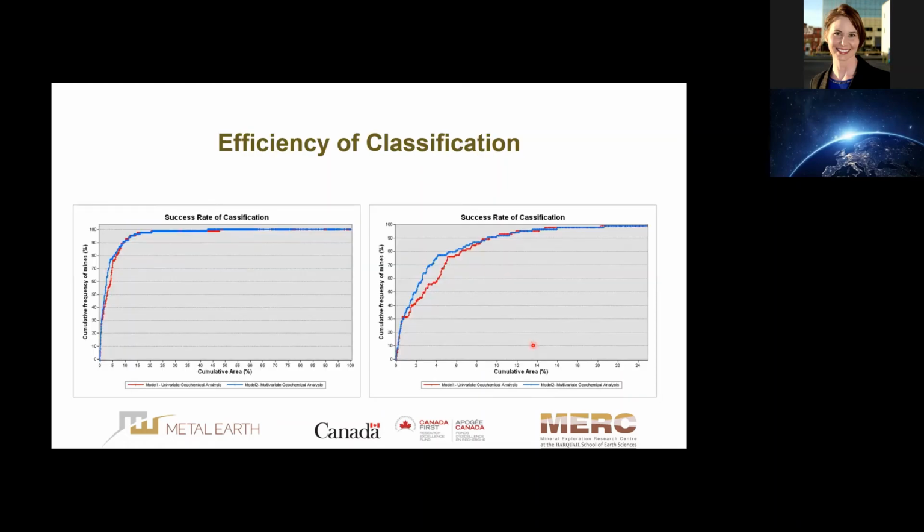So another way we can look at how well we've done is through efficiency of classification curves, or success rate of classification. And what we're doing here is plotting area of each of our potential maps. So this is the high potential here, medium potential here, and lower potential here. And what we're plotting is the cumulative frequency of mines or occurrences.